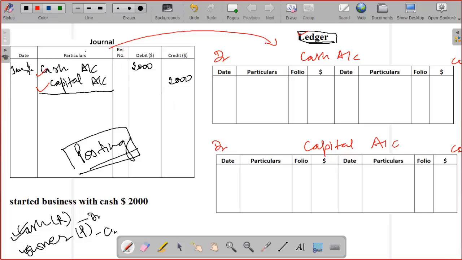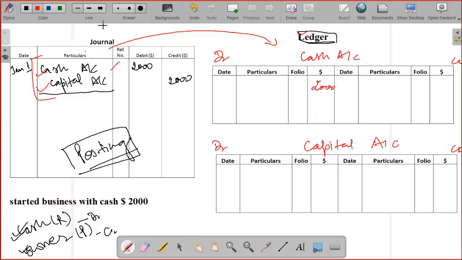So see, in the entry tell me, is the cash account debited or credited? In this entry, is the cash account debited or credited? Debited. So this posting will take place on the debit side, only on this side, because it is debited in the entry. So in the cash account on its debit side, first you write down the amount, 2000.